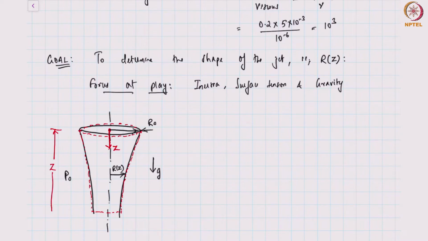This control volume is of height z. So z equals 0 means you are at the opening of this tap, and at any given z you basically descend downwards. We will also consider two locations. We'll say this location A is at z equals 0, and we'll consider another location B at some arbitrary z.